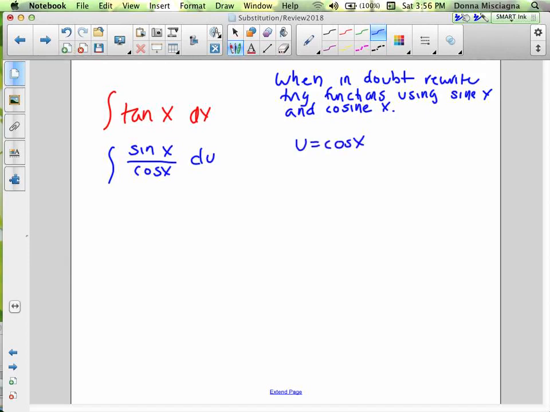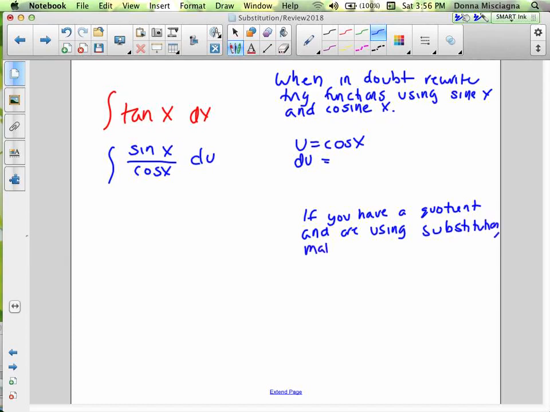U equals cosine x. Make sure that if you have a quotient and are using substitution, make the denominator u, maybe not including exponents usually.